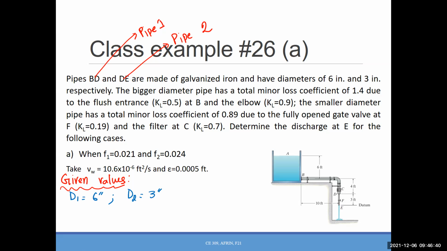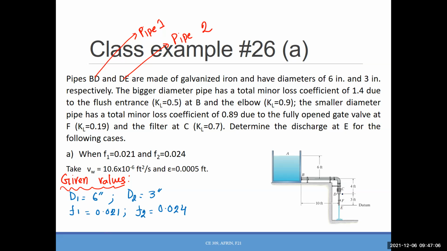Now we know the friction factors: F1 is 0.021, F2 is 0.024. They also give us the minor loss coefficients or sources.